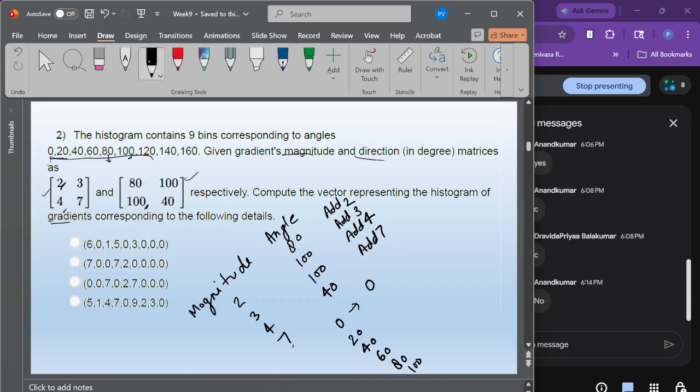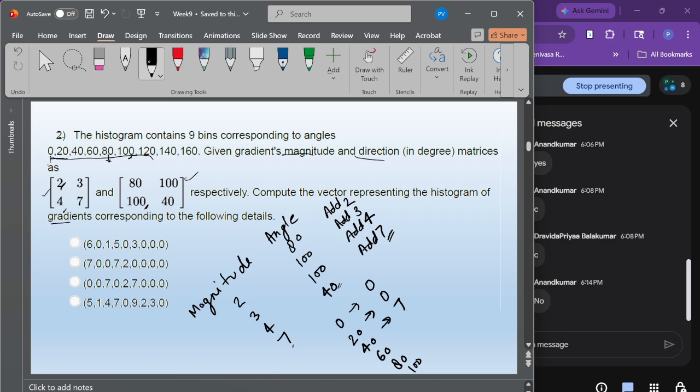At 20, no angle is given in the matrix, so again 0. At 40, we need to add 7 in the magnitude, so 0 plus 7, 7 will be there.